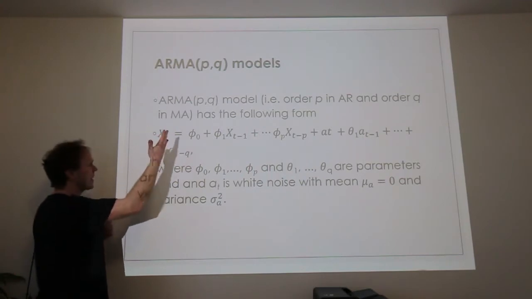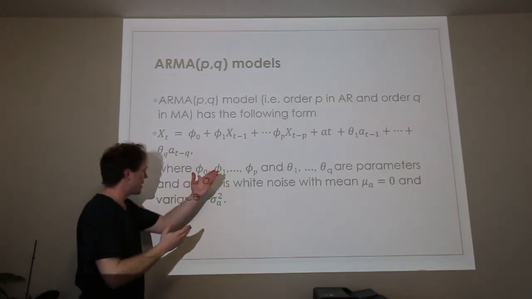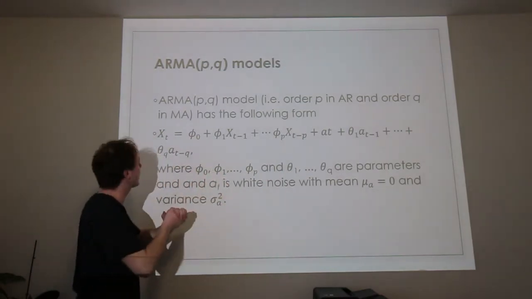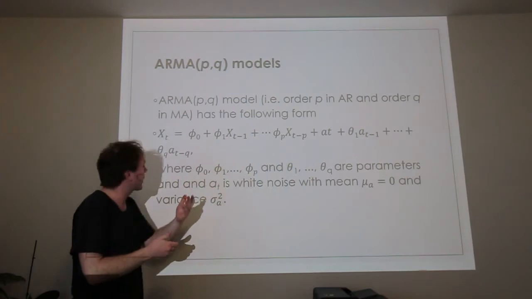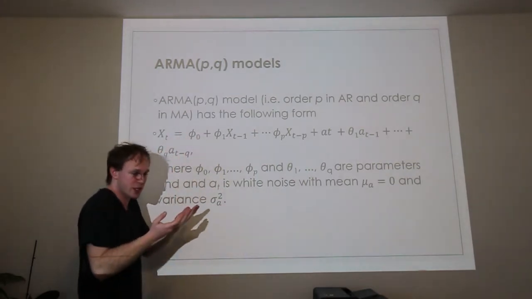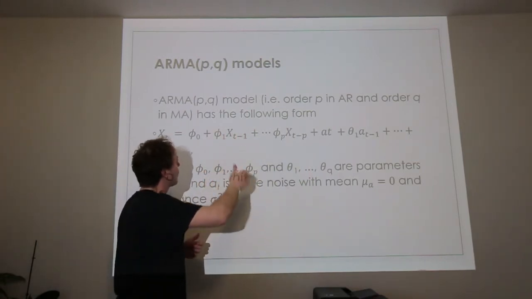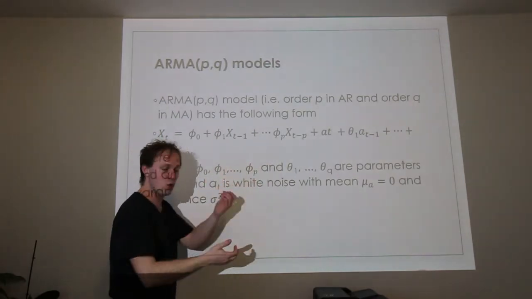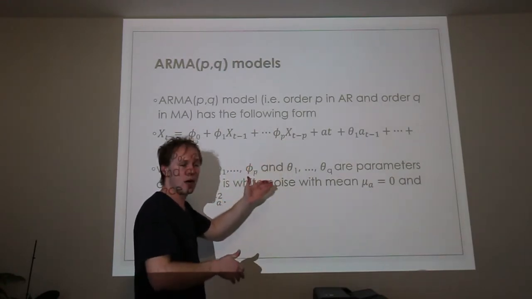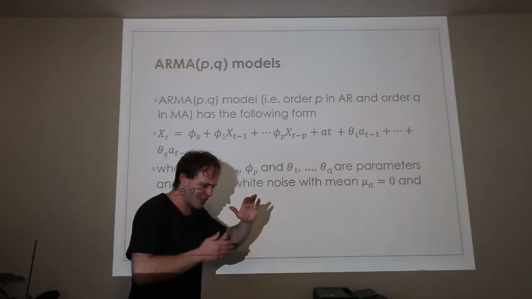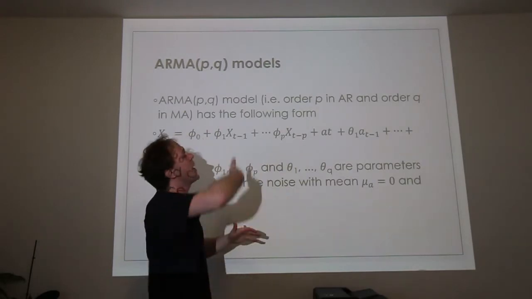X in time t is equal to phi 0, which is the intercept, a constant of the model, which can be present in the model or not, in the case that the intercept is not statistically significant, plus phi 1 x in time t minus 1, phi 2 x in time t minus 2, etc. until phi p x in time t minus p, plus a t, which is a value from the white noise process.